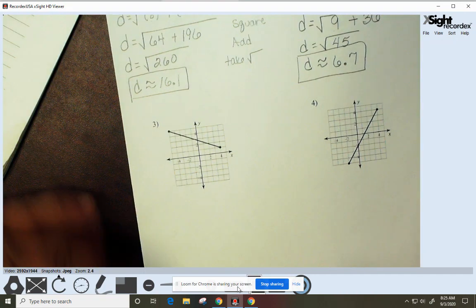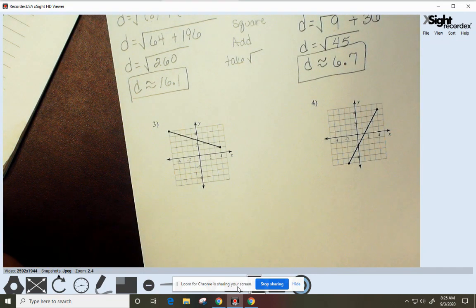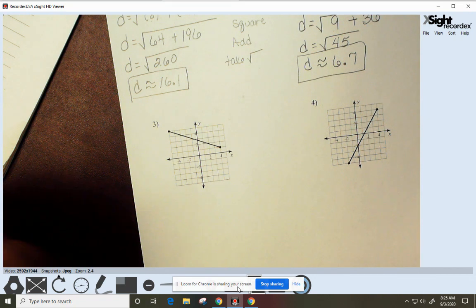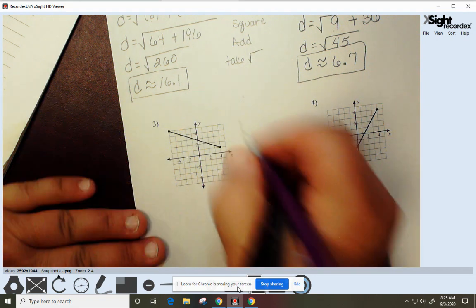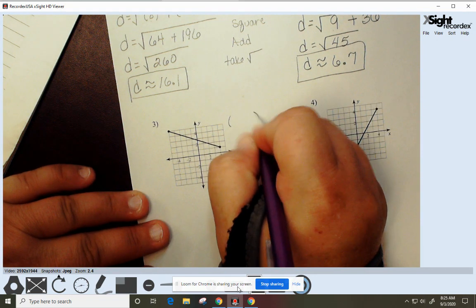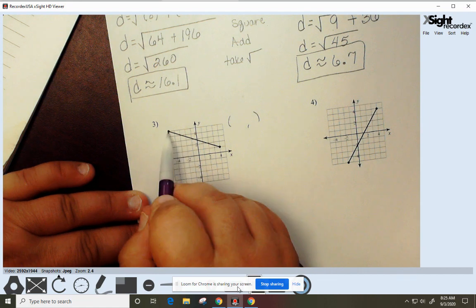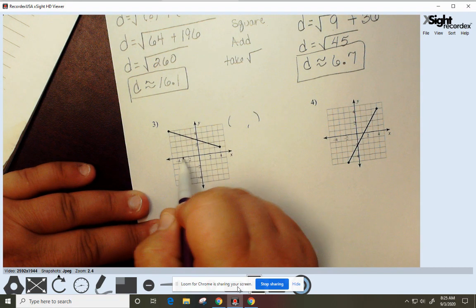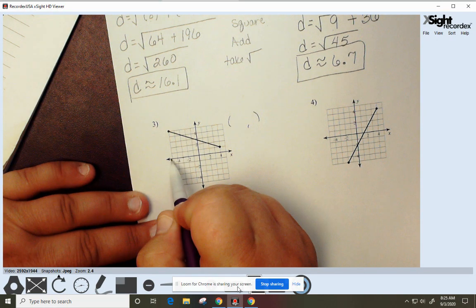Okay, now that's if you're given 2 points. If I'm not given 2 points, I'm given a line, a little segment in a coordinate plane, then the only other difference that I would have to do would be to get my own ordered pairs. So I would write my first ordered pair. So maybe for this point, I'm going to come over 1, negative 1, negative 2, negative 3, negative 4, negative 5.